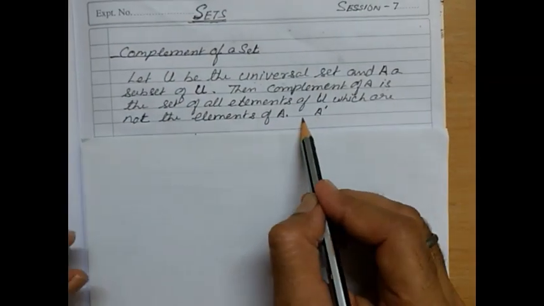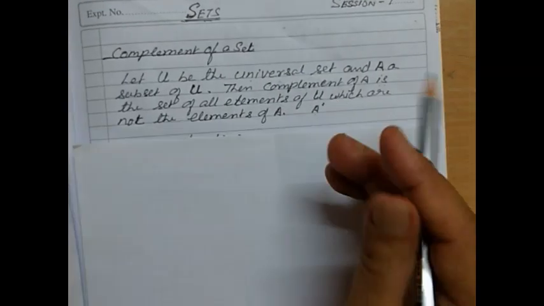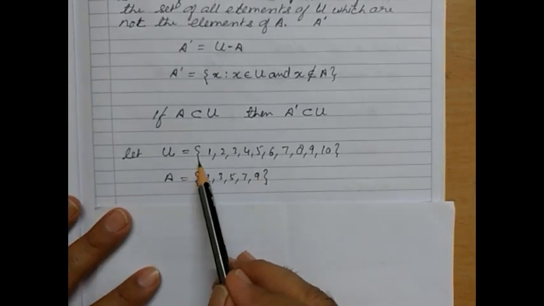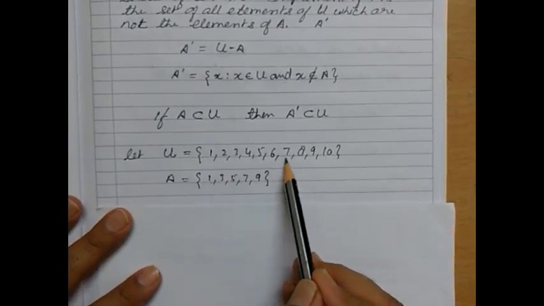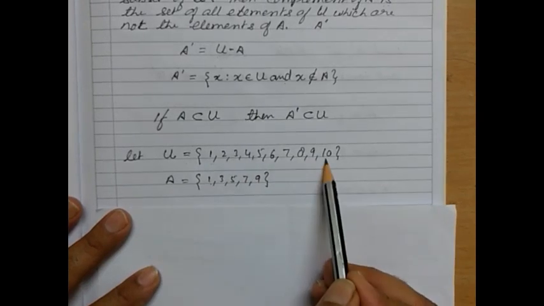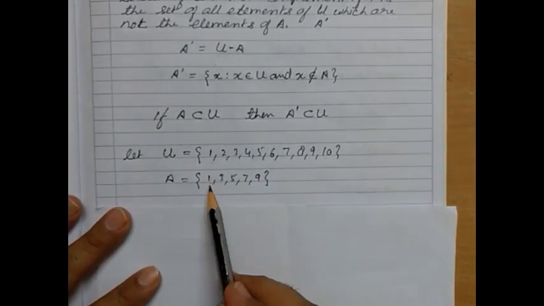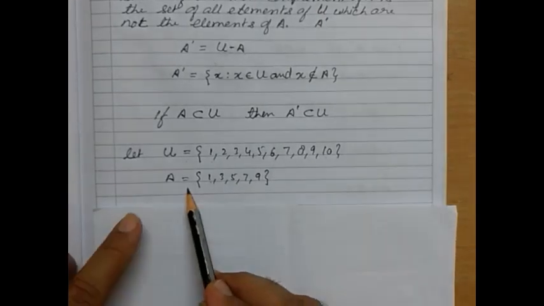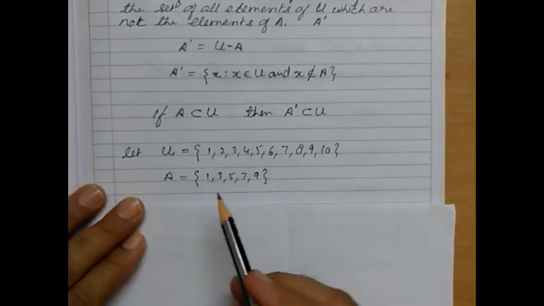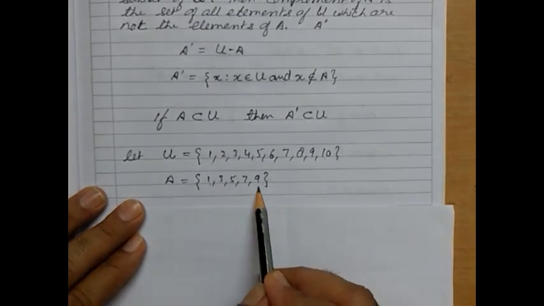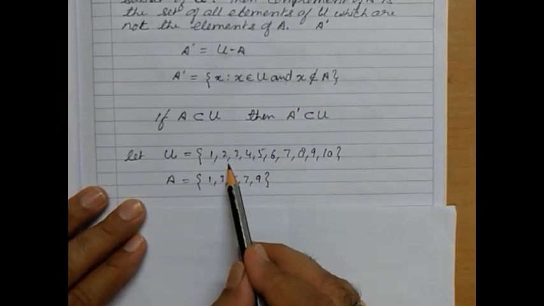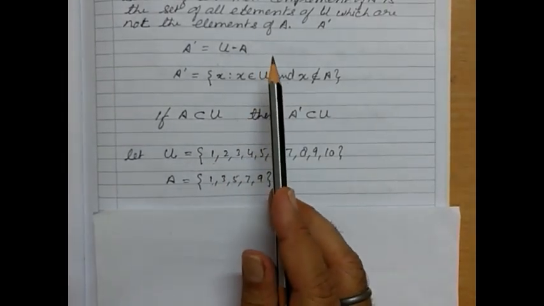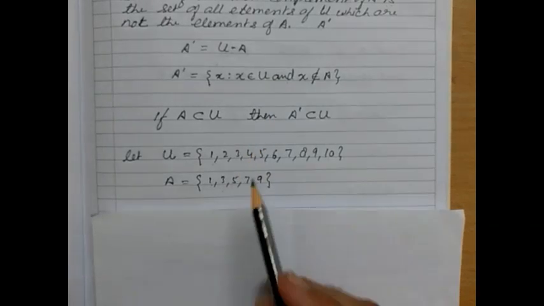Now to understand this definition, let's take up an example. So here we take U equal to 1, 2, 3, 4, 5, 6, 7, 8, 9, 10. These are the elements of the universal set. And A is 1, 3, 5, 7, 9. To find the A complement, A should be a subset of the universal set. Complement means, as per the definition, the elements which are not present in A. So what elements will we write down?